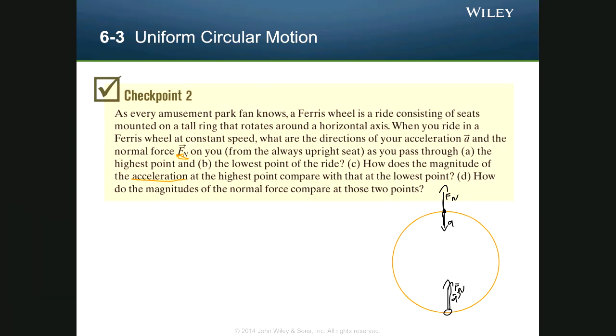So let's see what C is asking first before I look at the answer. How does the magnitude of the acceleration at the highest point compare with that lowest point? Good, Nicholas, very good.